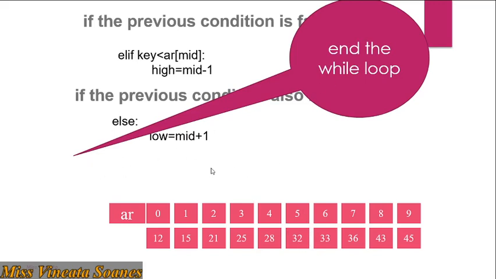And also we'll check: suppose all three conditions do not match. Let's say the number is not here, it's not going to be equal, not less than, not greater than. Then after the loop finishes, it comes out and is not going to return anything.